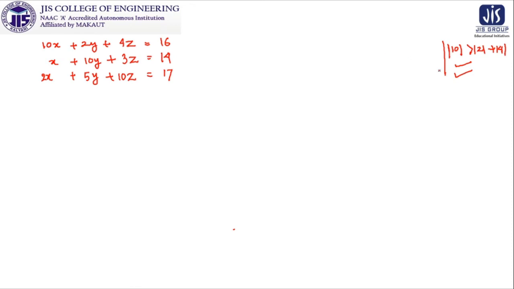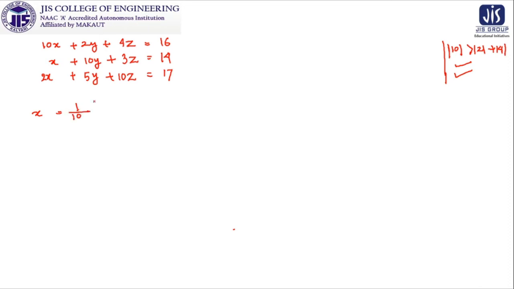So we have a diagonally dominant system, which means now I will represent x in terms of the first equation, y from the second equation, and z from the third equation.